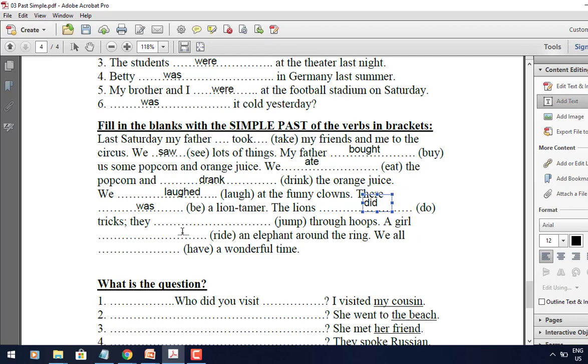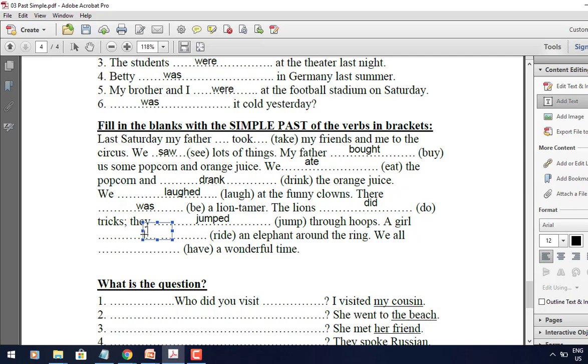They jump through hoops. So jump is regular, that takes -ed to change to the past. They jumped through hoops. A girl ride an elephant around the ring. What is the past form of ride? Yeah, it's irregular. It doesn't take -ed. It has a past form, rode.